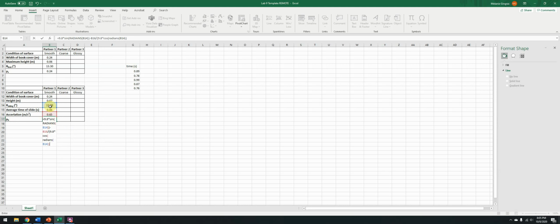Oh, and I missed a parenthesis. And then we get mu k, and that is not right. So I'm going to add some parentheses here so that it knows that all of this is part of my numerator. You shouldn't be getting a whole number value. There we go. That's better.